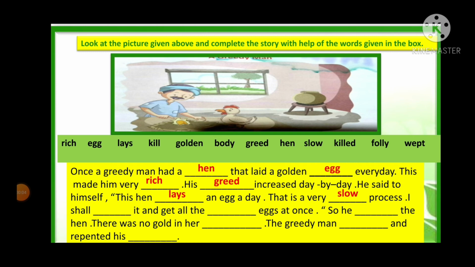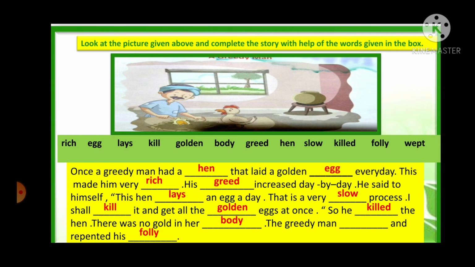So he thought that the process was so slow, and hence he decided to kill it, right? He decided to kill the hen and get all the golden eggs at once. So he killed the hen. There was no gold in her body.